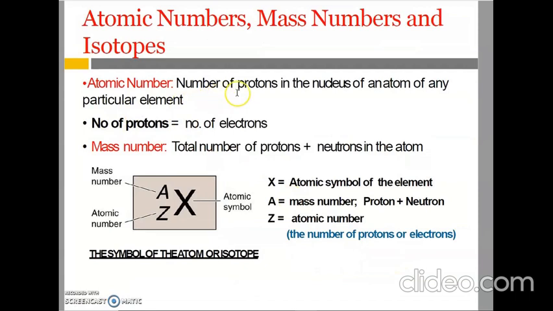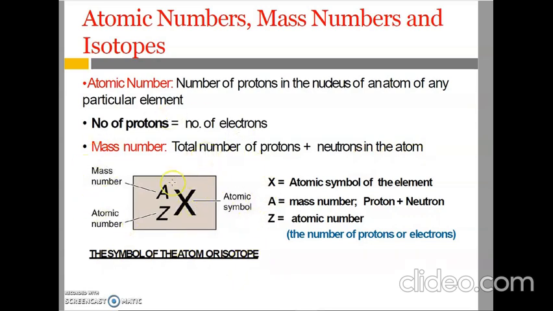Atomic number is the number of protons in the nucleus of an atom of any particular element. The number of protons is equal to the number of electrons. And mass number is the total number of protons plus neutrons in the atom. So the symbol of the atom or isotope is represented by this.